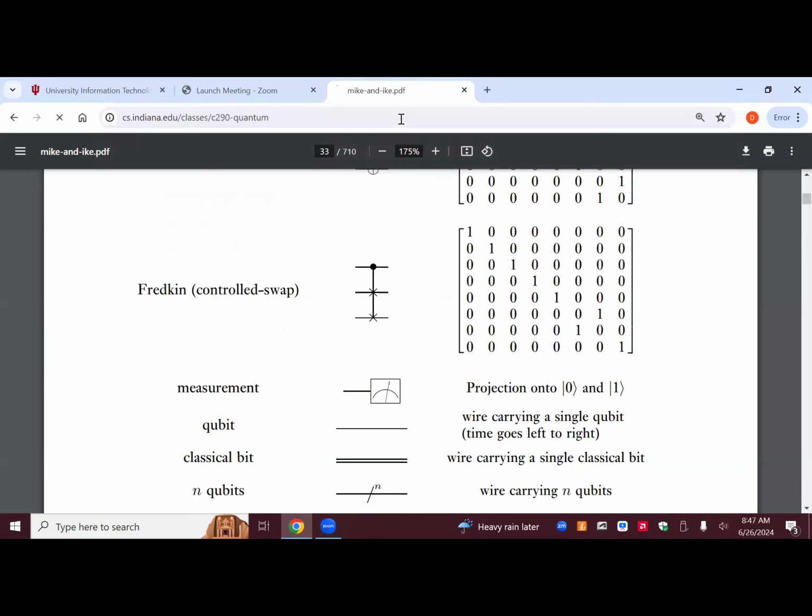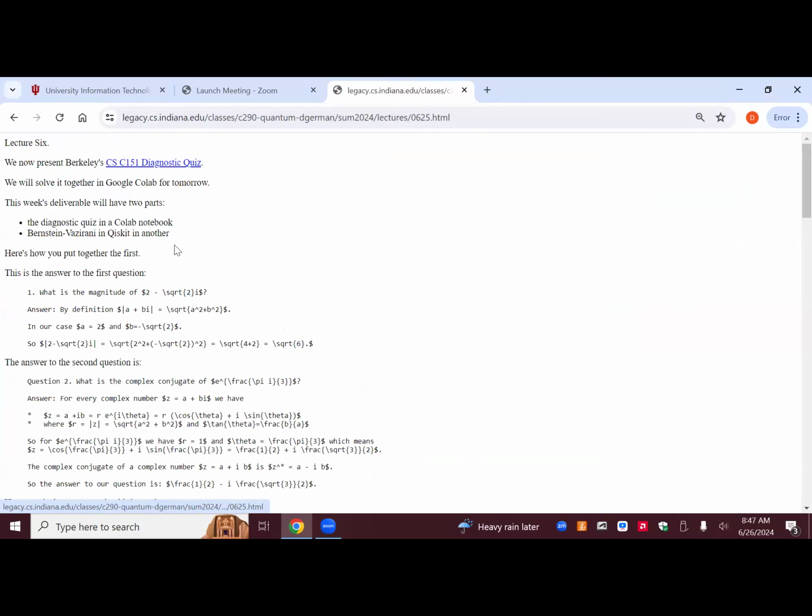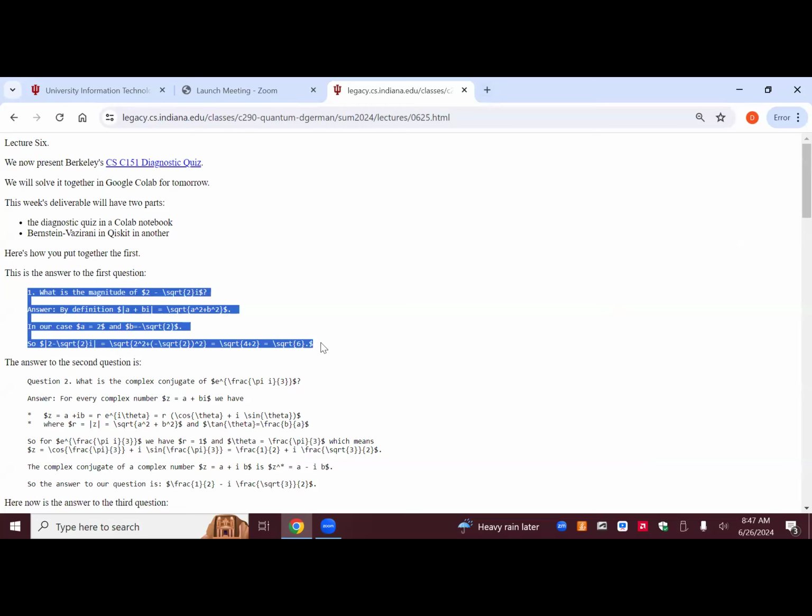If I go into where the class is and click, I'm not sure if it's 25 or 26, so let me click on 25. On 25, I put the diagnostic quiz here. If I were to go into Colab by copying these things, I would essentially be in text entries, producing the text of the question along with the answer, and that's just dealing with the diagnostic quiz.